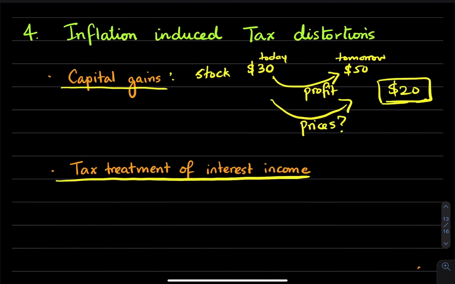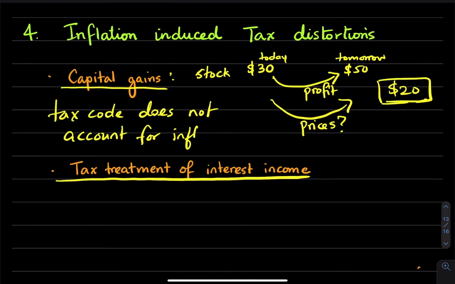And so the tax code itself doesn't account for inflation, right? So the real gain that you would have is going to be less than $20 if prices were rising between today and tomorrow.